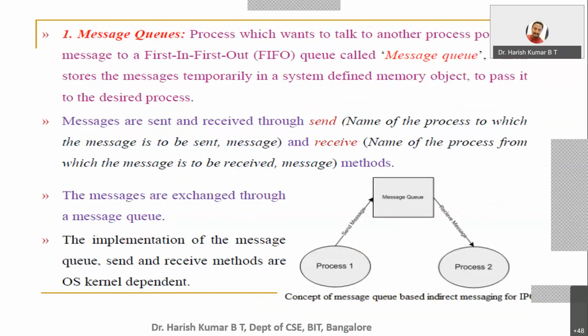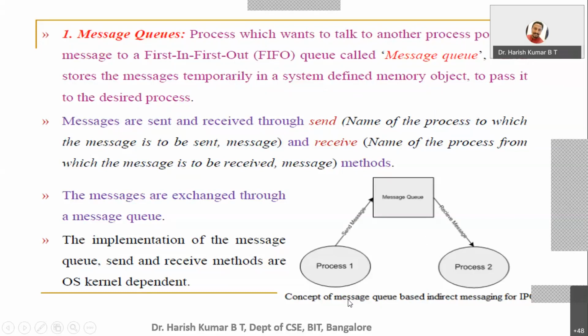It will simply post the message to the message queue, and this message queue stores the message temporarily in the system, and also passes it to the desired process. So now, in between the two communicating processes, process 1 and process 2, we have a message queue, which is providing the service in first in, first out manner.